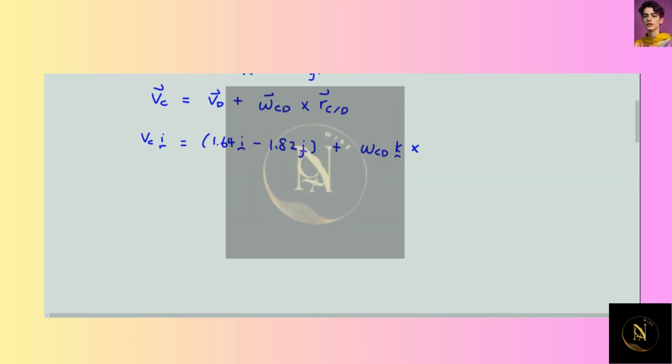So this is 0.4 times minus cosine 30 degrees i minus sine 30 degrees j.